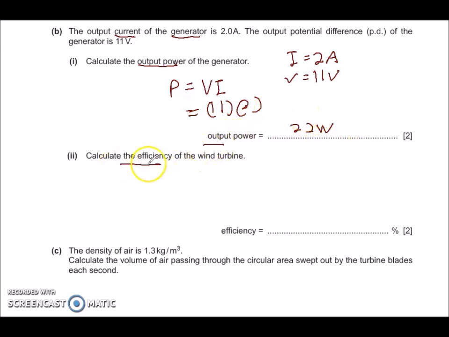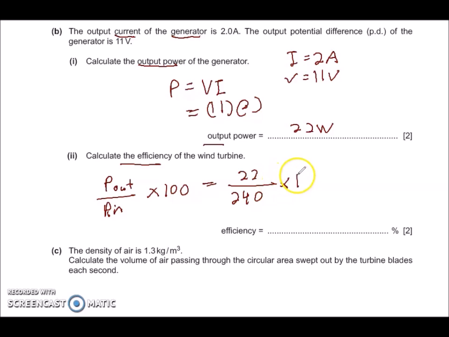So this one is your output power. So your efficiency here will be power out over power in multiply with 100. So this is the formula. So power out will be 22 and your power in just now is calculated at 240, correct? And this is multiply with 100. So what's your answer here?